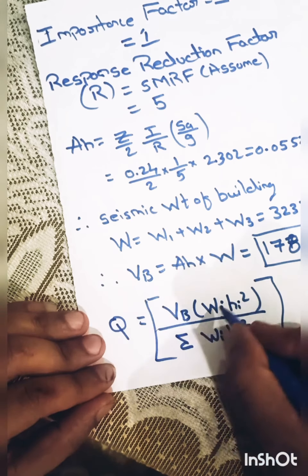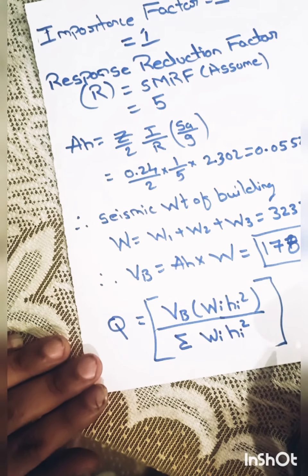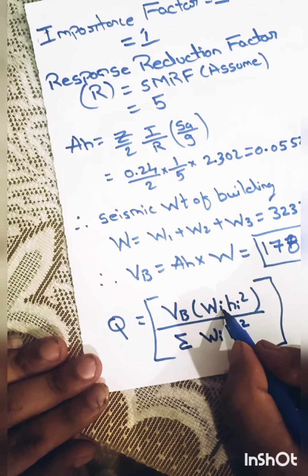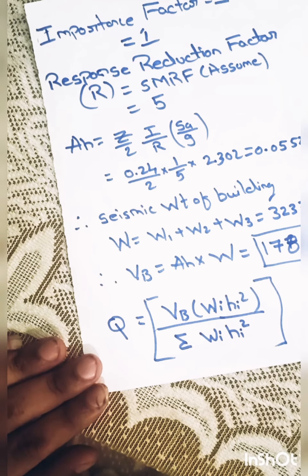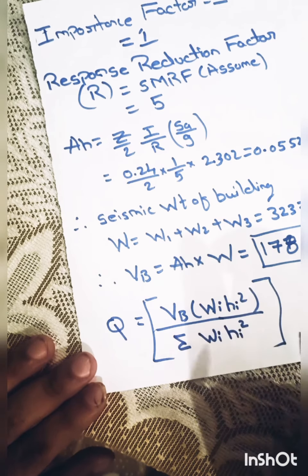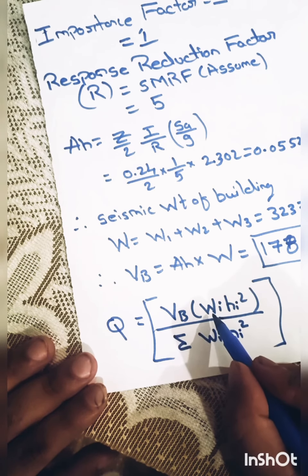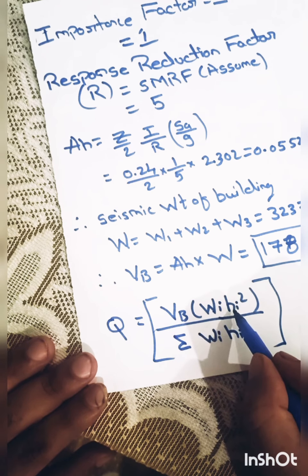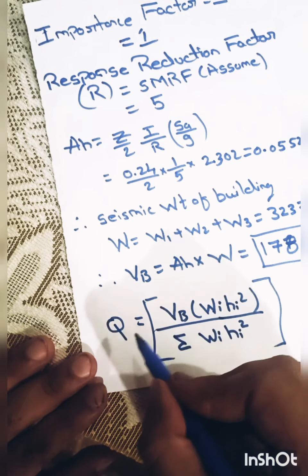So to find these values, I will prepare a table by using Wi, where i indicates the number of story. That is, if I write W1, it is the first story. If I write W2, it is the second story. So I will prepare a table with columns W, Hi, then Wi Hi, then VB, and then I will find the Q.